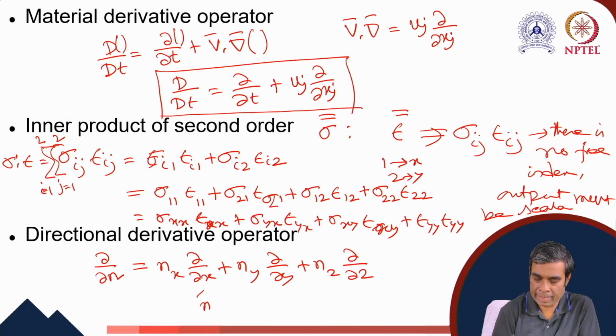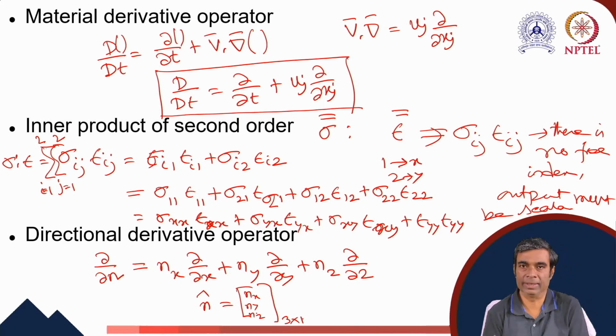So n cap is the normal to the surface. It has 3 components, nx, ny and nz, and these are the direction cosines.